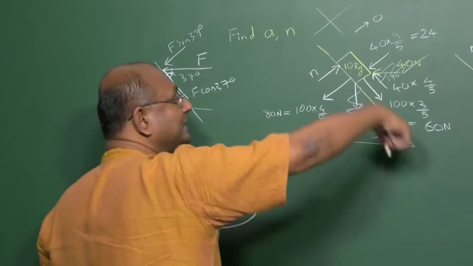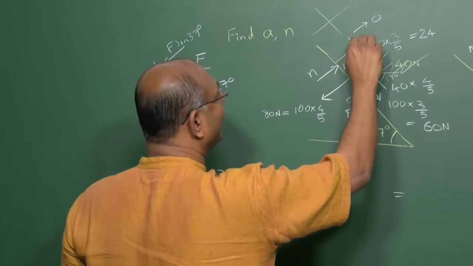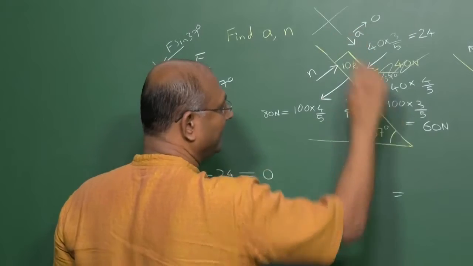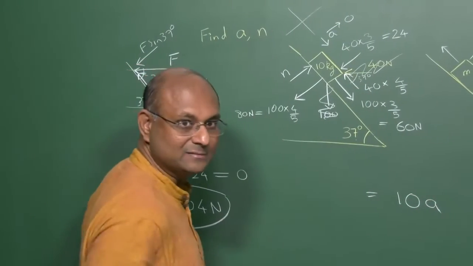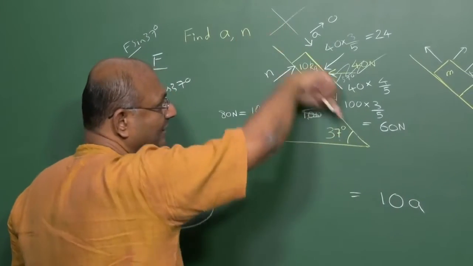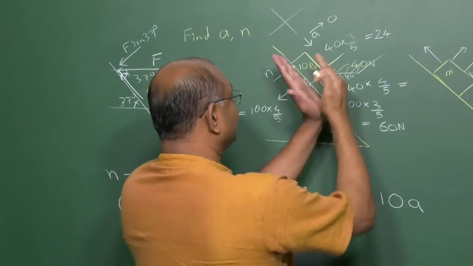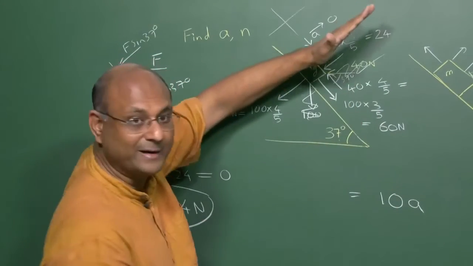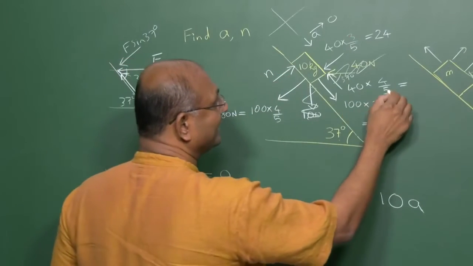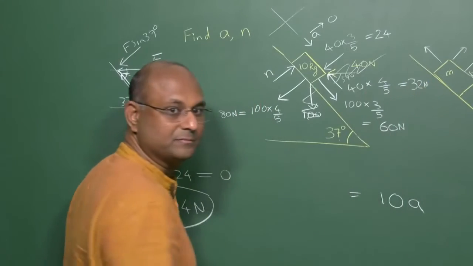And if I come to this direction, let us write mass into acceleration, ma. I have taken a to be downwards, like this. Now what about this? This and this, notice, are both along the incline. This and that are all perpendicular to the incline. So along the incline, how much is this? 8 into 4, 32.